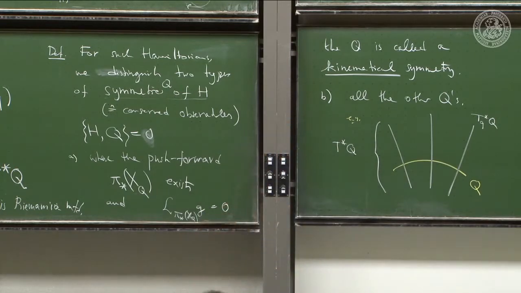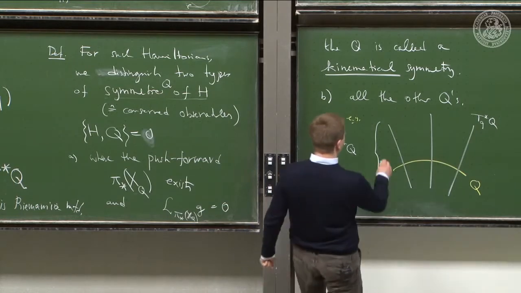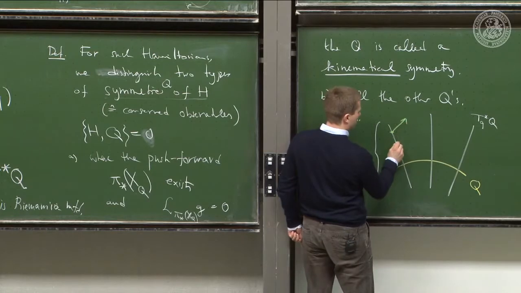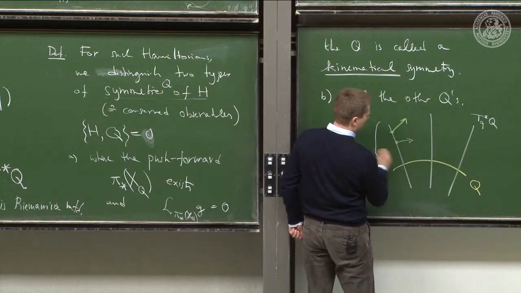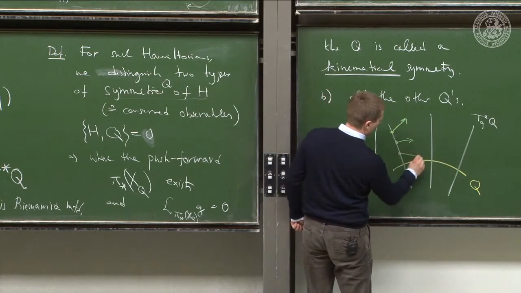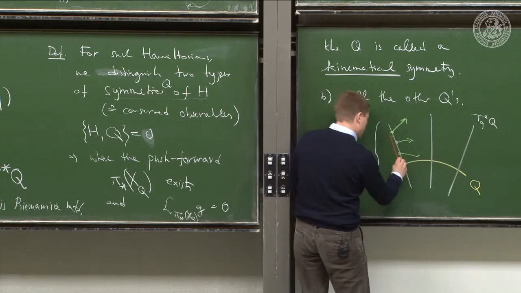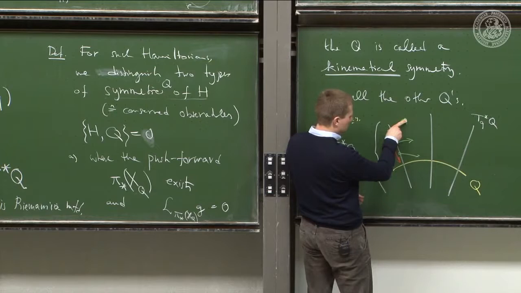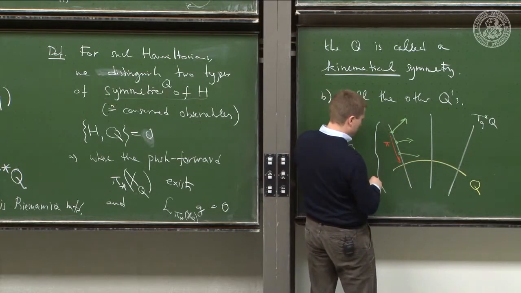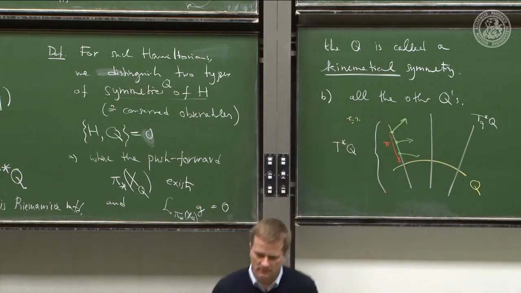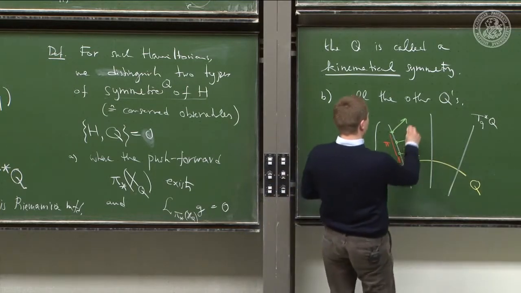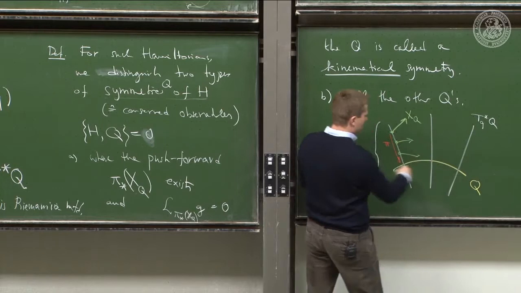And now assume I have a vector field on this cotangent bundle that looks like this, and assume that under the projection map that takes me down here, this guy is mapped to, so this green guy, which could be the xq vector field.